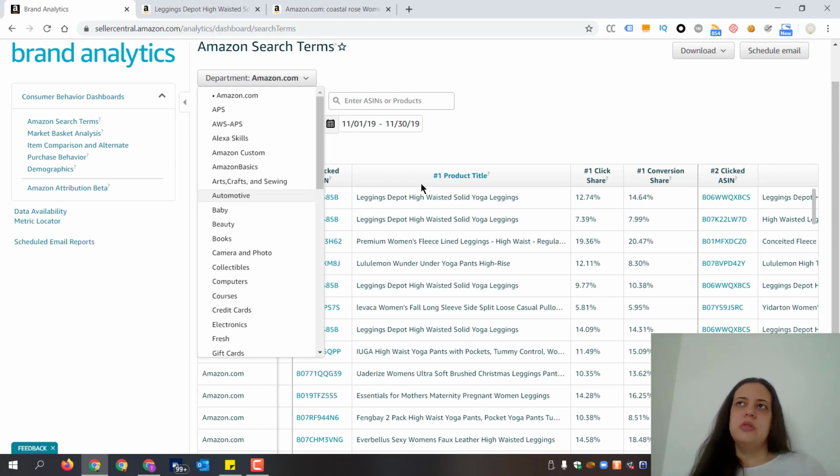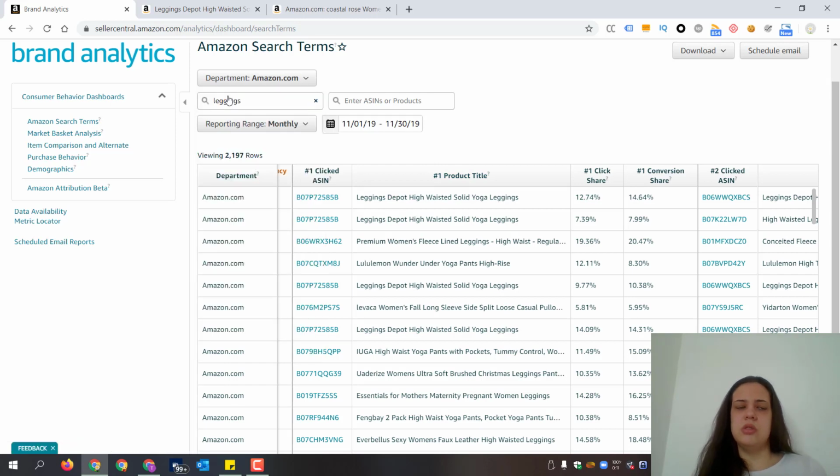Simply because my opinion is that the majority of customers don't really sort out their department when they're looking for some search term. Amazon is giving us this option, but the vast majority of them just don't use it. So if you want to get deeper insights into the information that's given here, then choose Amazon.com as well. See the whole department here.